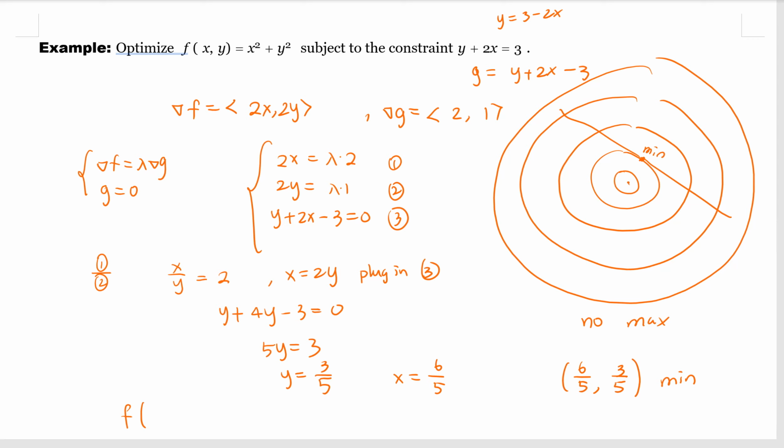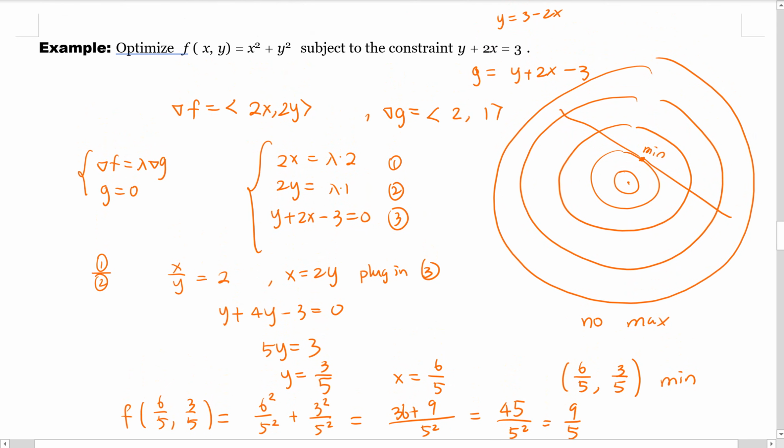So f of (6/5, 3/5) is 6 squared over 5 squared plus 3 squared over 5 squared. So the common denominator is the same. 36 plus 9 is 45, right? Over 5 squared. Oh, that's 9 over 5.